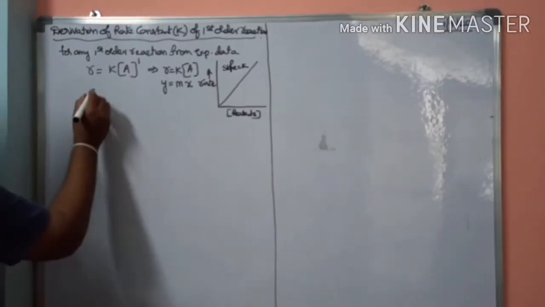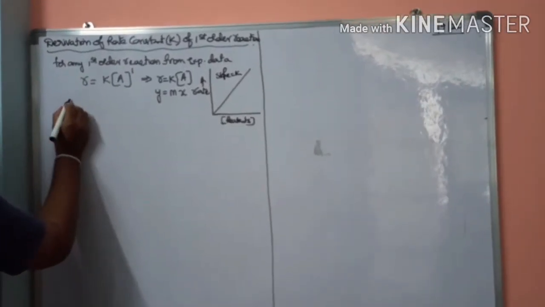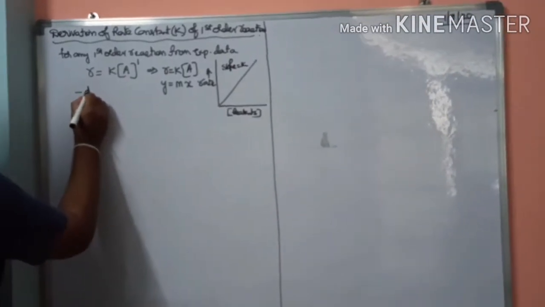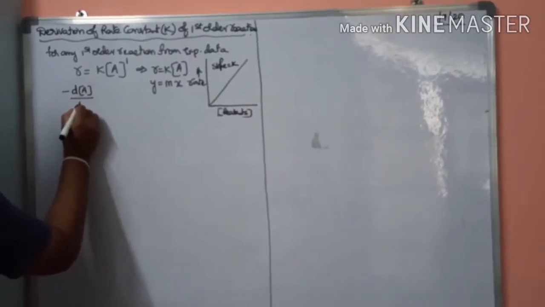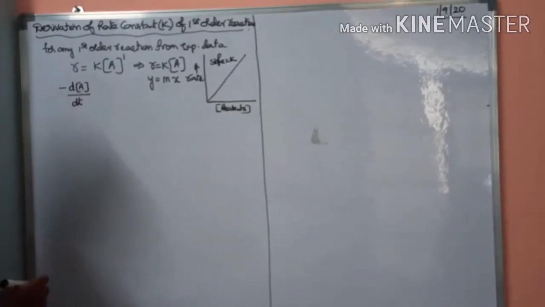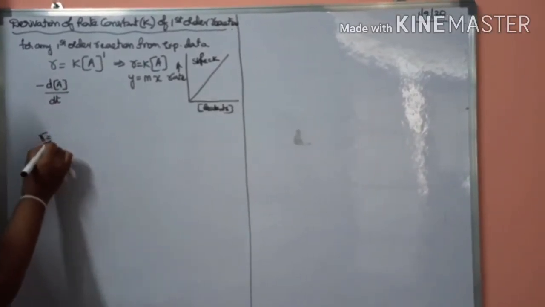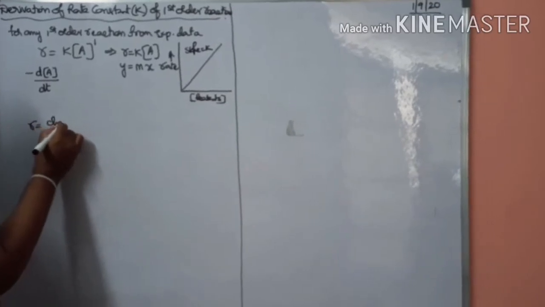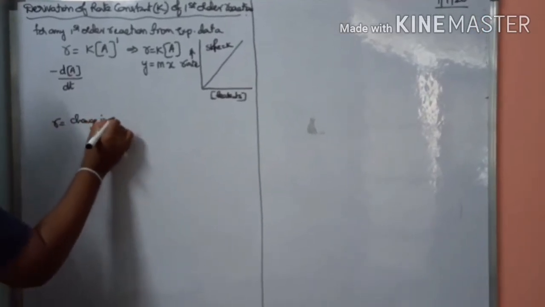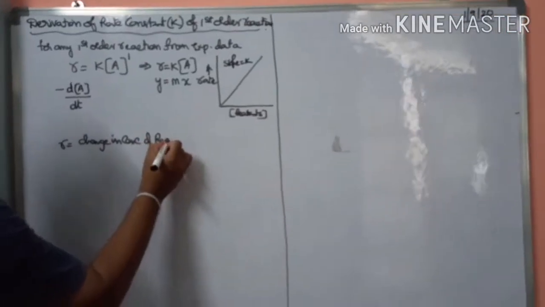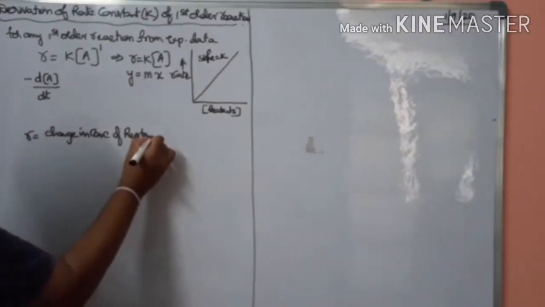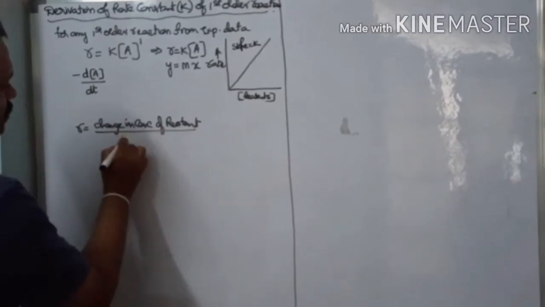Now, let us rewrite this expression in differential equation format. So I will be writing it as change in the concentration of the reactant with respect to time, because we defined rate as nothing but change in concentration of reactant with respect to time.